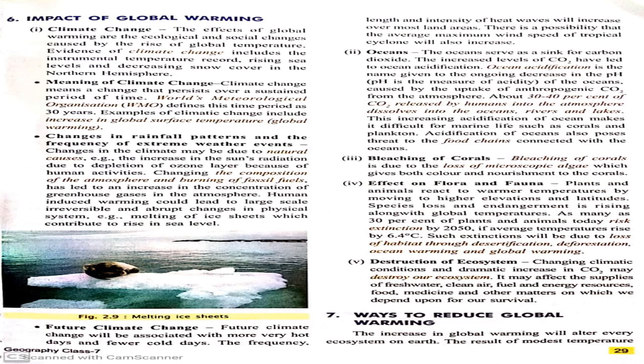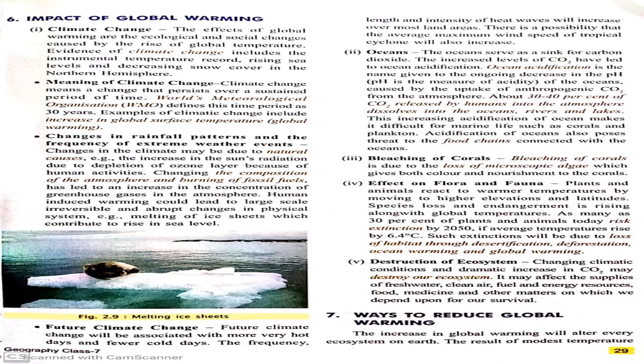You can also see the rising sea levels and the decreasing snow cover. You can also experience changes in the rainfall patterns. Nowadays it starts raining sometimes in the month of August or September. Sometimes we experience no rainfall.